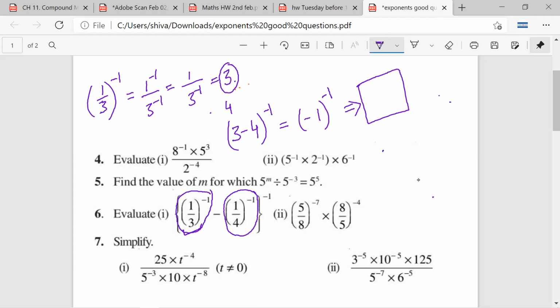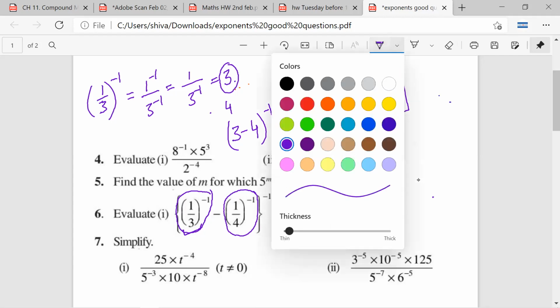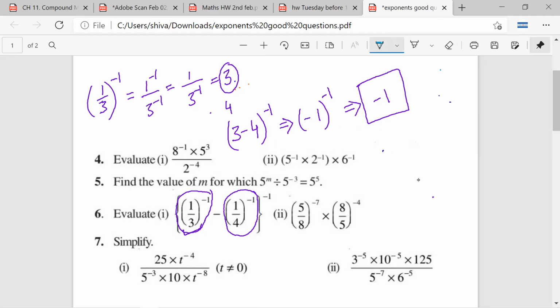Aishwarya ji? -1. Yeah, it should be 1 by 4 according to me. Aishwarya ji? -1. Sanvi ji, is it okay? Yes, sir.